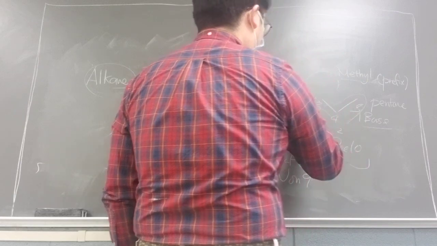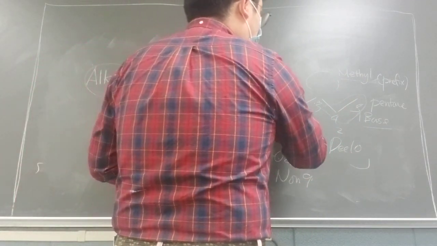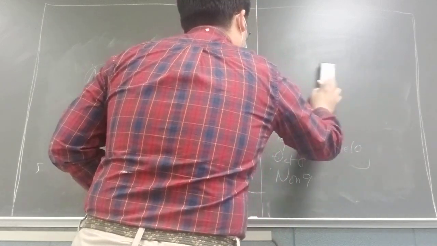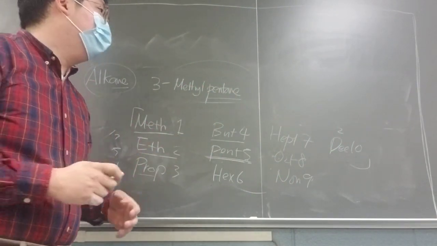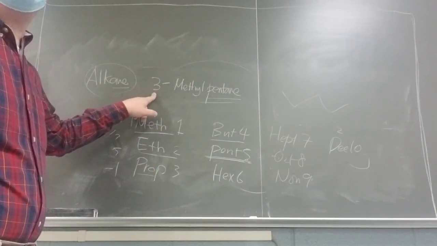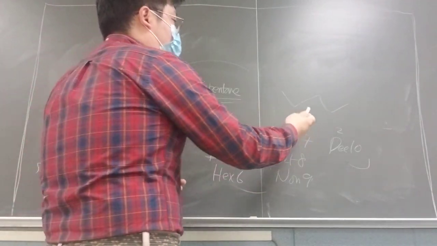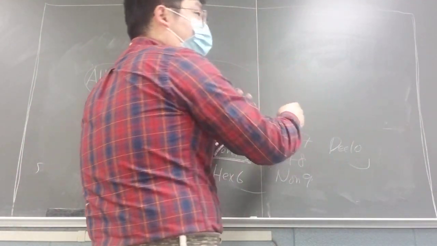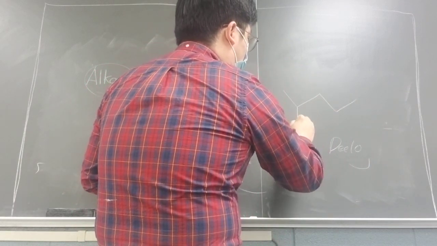So if you counted 1, 2, 3, 4, 5, could it be 4 or 2? That's a really good question. I did this one first because I didn't want to confuse you. But if that is the case, this is the next one I'm going to do. How about we put it here, right?